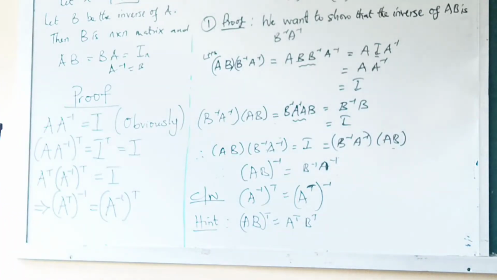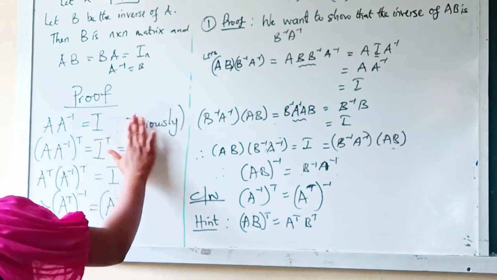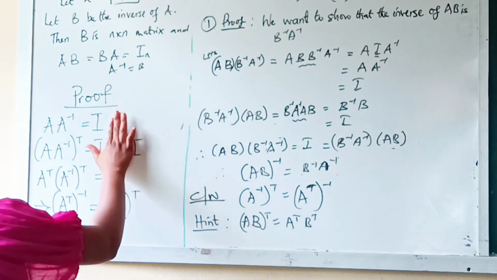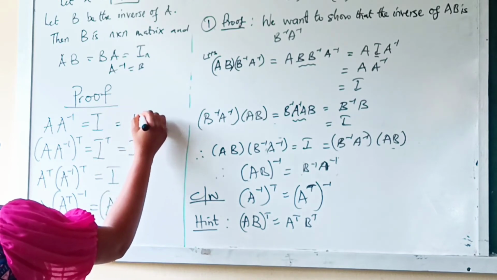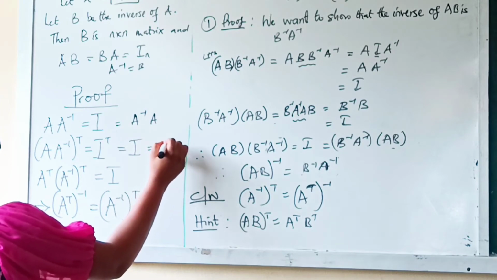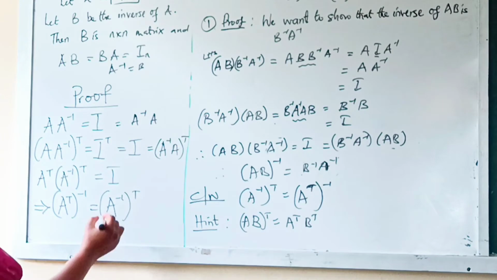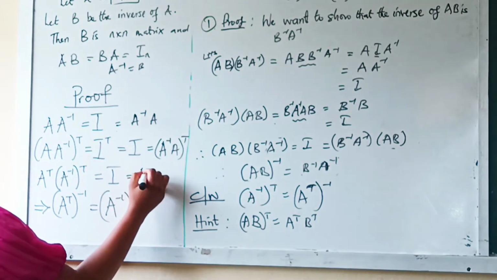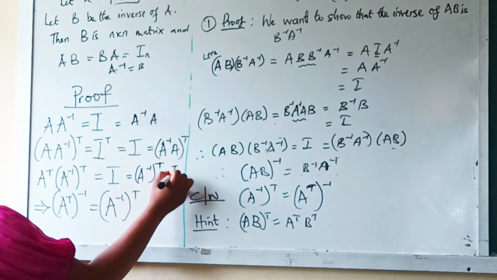When you have the second line, when you have A inverse A, then you take the transpose, which equals open bracket A inverse A, all of them transpose. And the same thing as splitting them: A inverse transpose. Next line, A transpose.